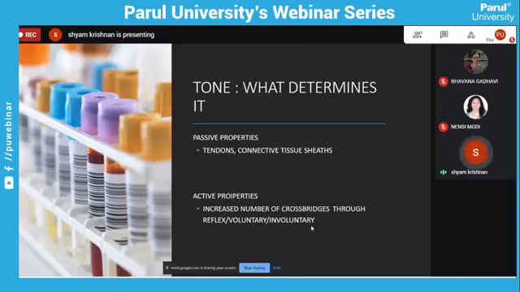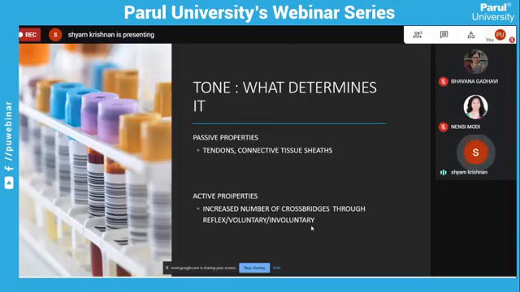Now that increased cross bridge formation has to be regulated by neural control. That neural control can be reflex, voluntary, or involuntary. So these are the two factors which contribute towards the resistance offered to passive movements when you're trying to move a segment or a limb passively.